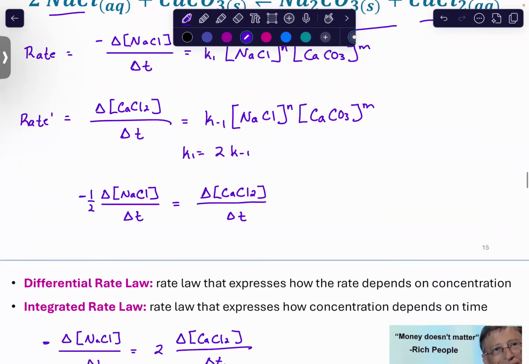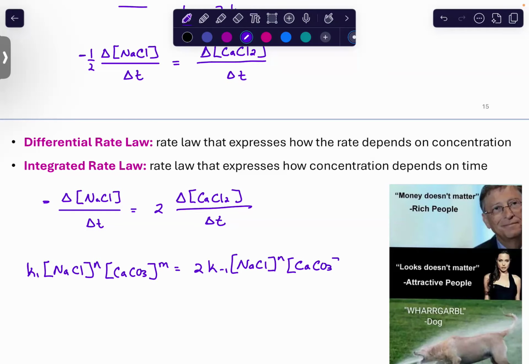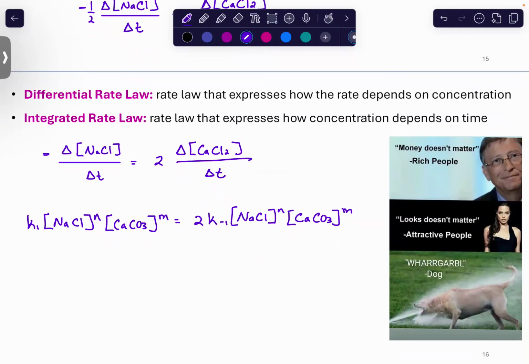Okay. Now I have definitions for those. A very straightforward proof.